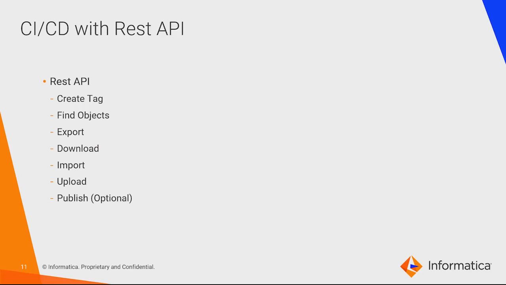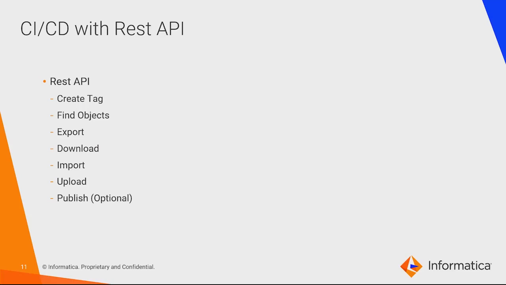Create tag can be used to create a tag automatically using REST API, but in this case, we are not going to use that API. We can create a tag from the UI itself. The reason we create a tag is that we can tag a number of assets into a particular tag name. That way you can use the tag name to find objects and then use those objects to deploy.